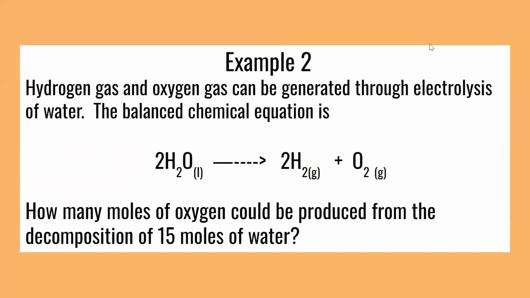Example 2. Hydrogen gas and oxygen gas can be generated through electrolysis of water. The balanced chemical equation is this. How many moles of oxygen could be produced from the decomposition of 15 moles of water?